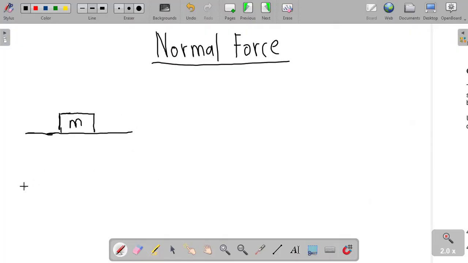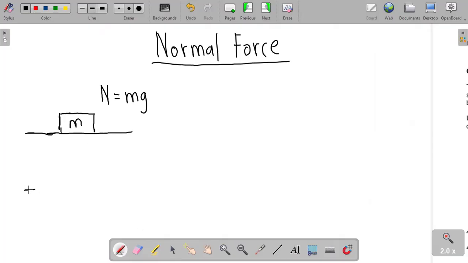Then we can have another situation here. So this is just an object. In this case, the normal force will be calculated as mg. So the normal force in this case is equal to the weight.